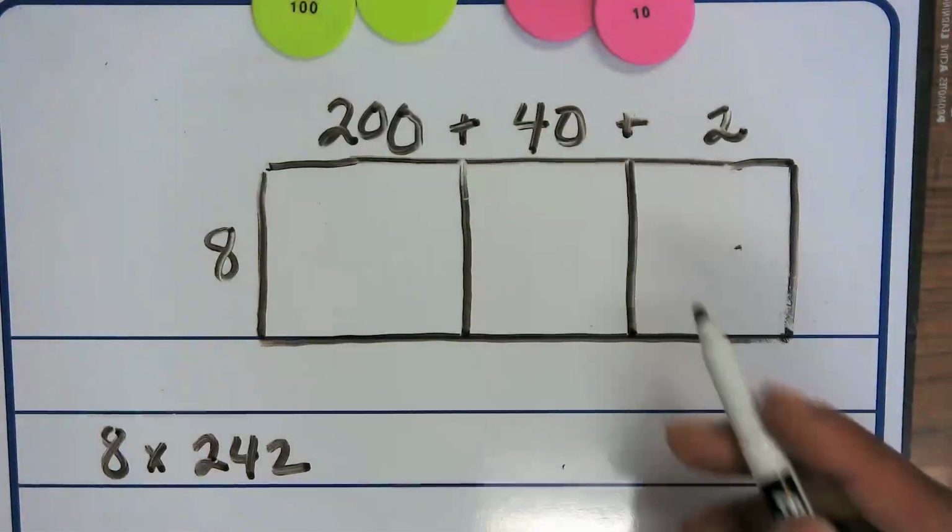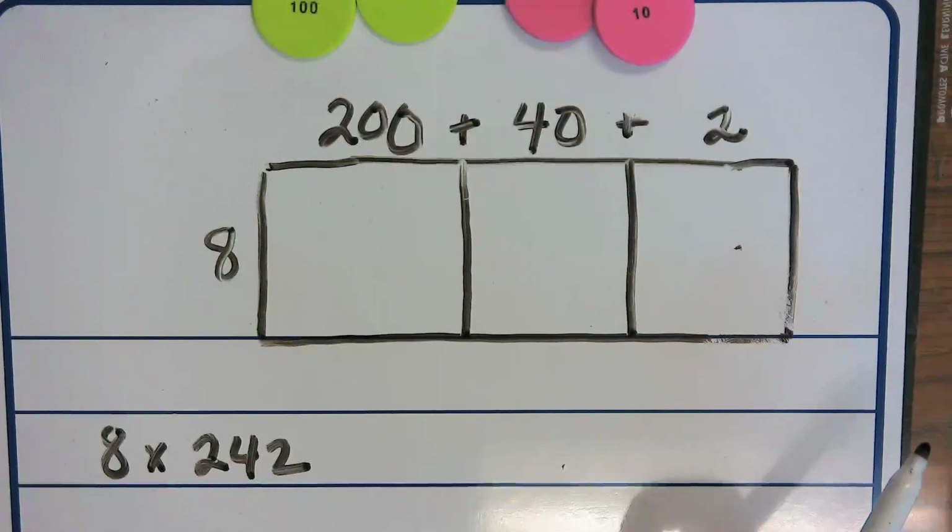Now, the whole point in the area model is to break it up so you can solve it easier. So let me use a different color. I'm going to use my blue.